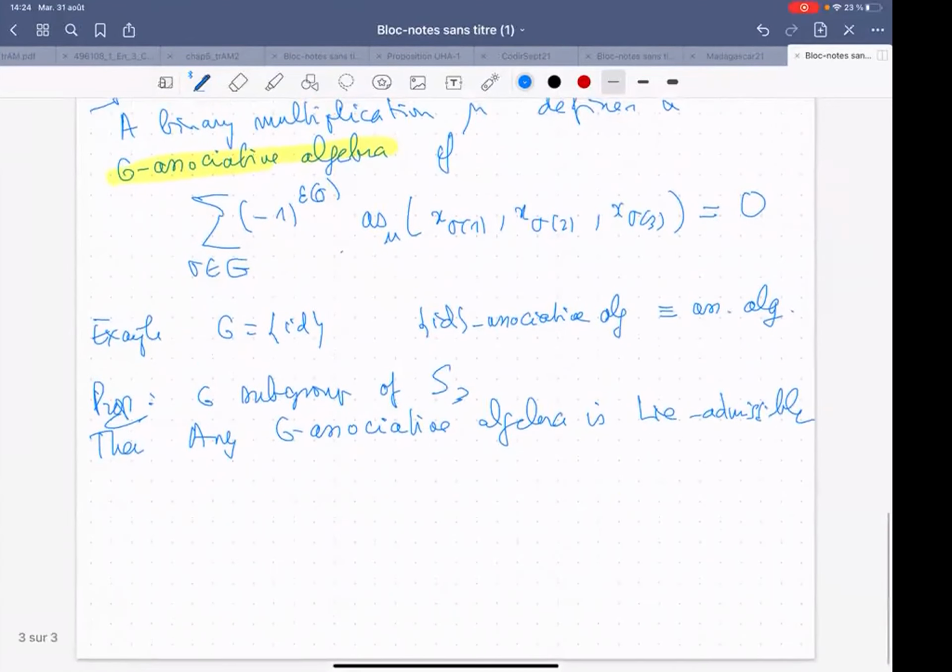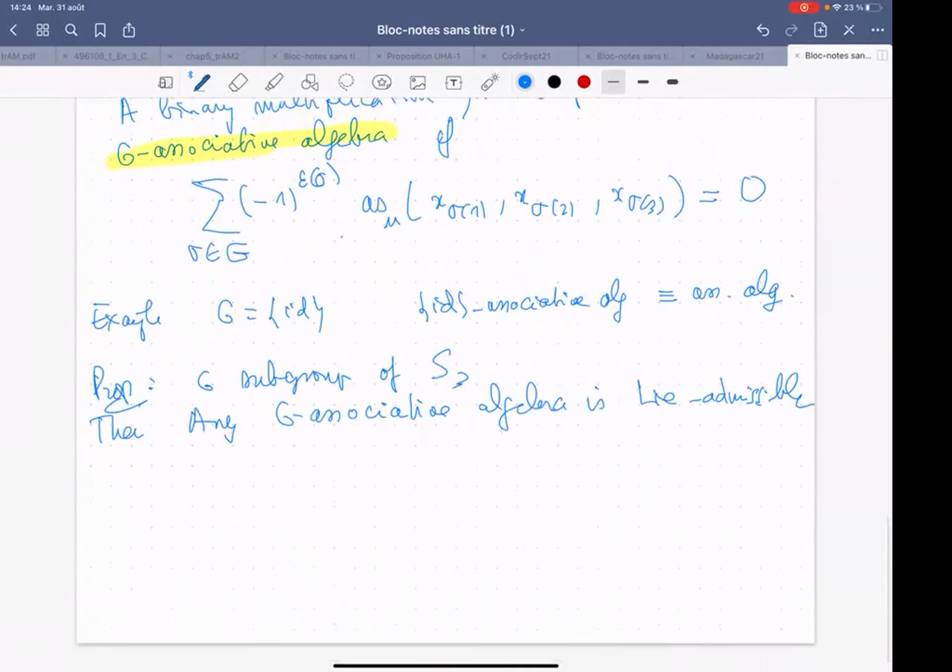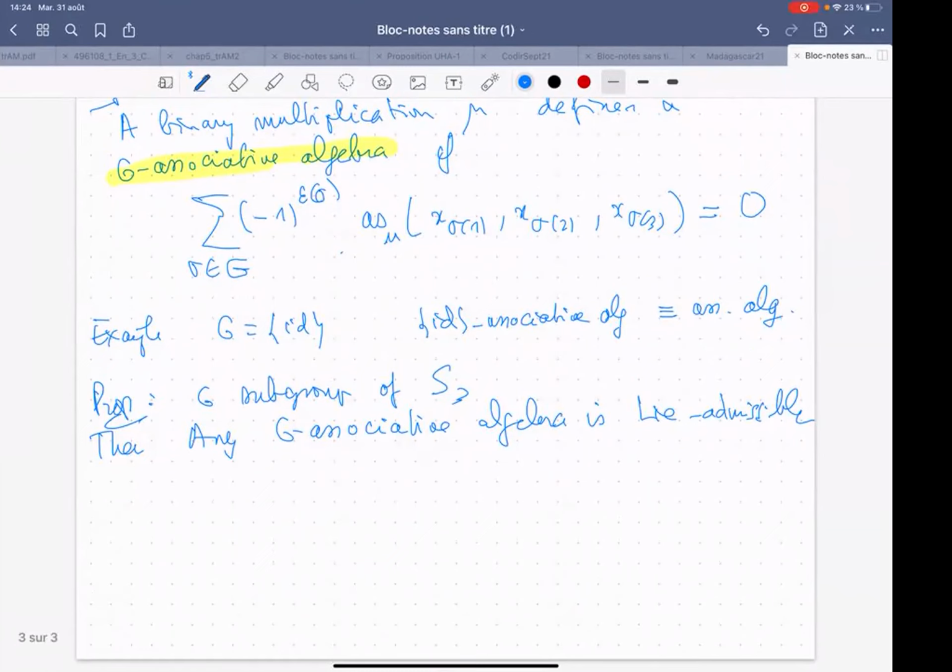Then it is clear that if G is given only by the identity, this is true. One can check it directly. Of course, we can prove this proposition, but I don't have time to do it. We can find it in some papers. And now what I want to do here is to show you other examples of G-associative algebras.